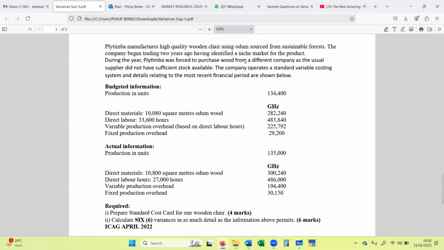So quickly, let's move on to look at productivity ratios.